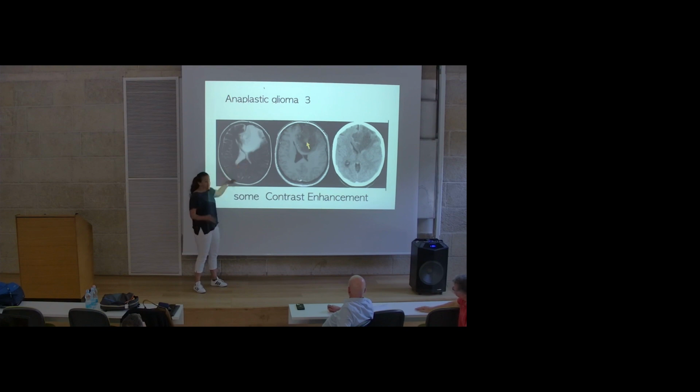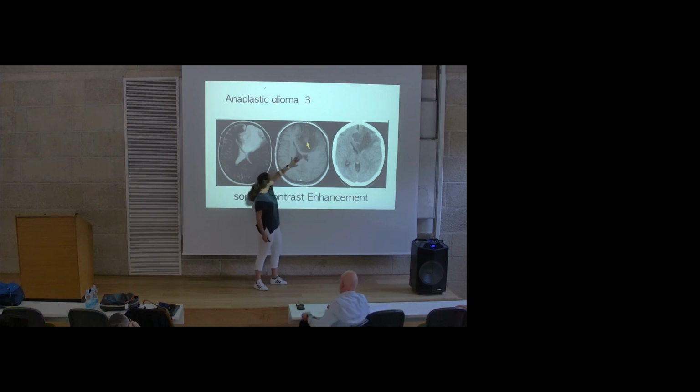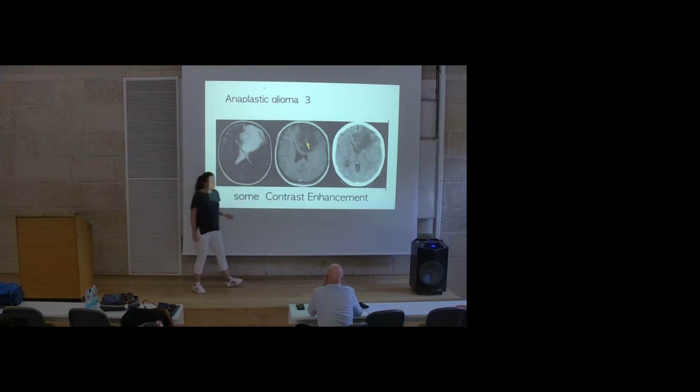If you would have this mass from one day to another, you would be dead or in the emergency room right away. This patient is coming mostly because of an epileptic seizure. And you can see the ventricle is pushed aside. So the tumor volume is already pushing the normal brain tissue aside. And it's not in the ventricle, it's just in the tissue, this contrast enhancement.